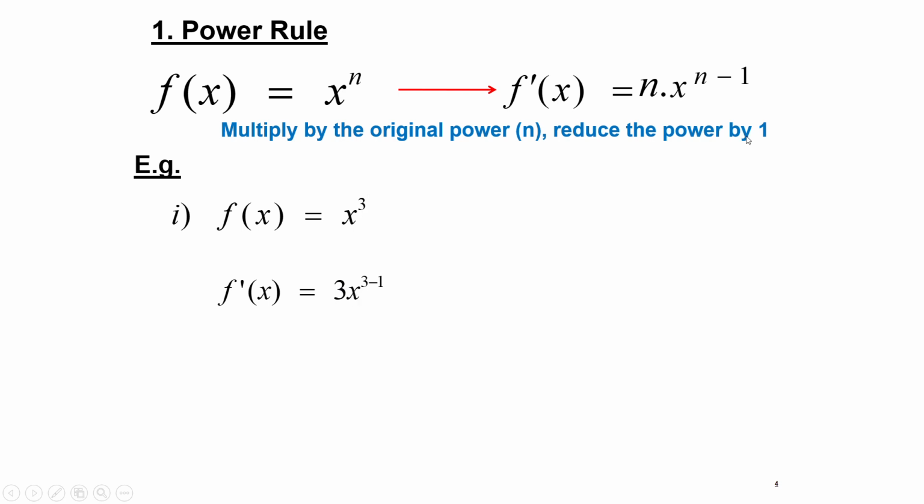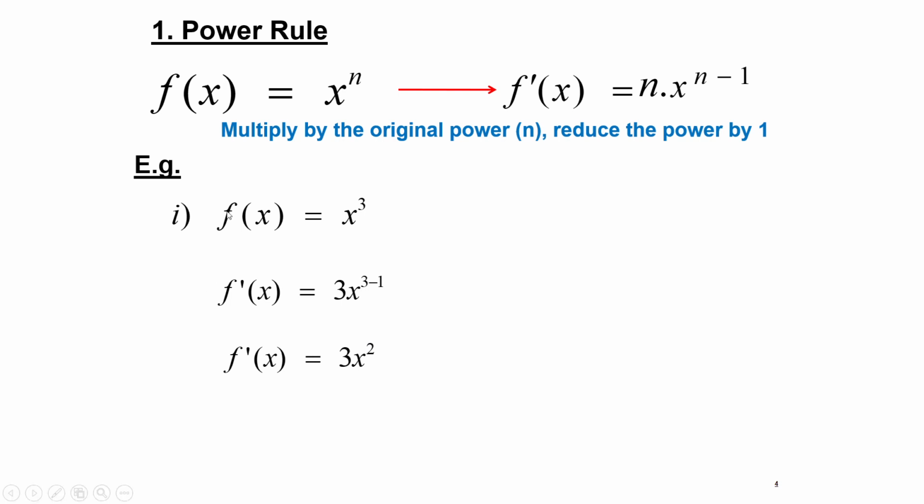Reduce the power by 1, so you have 3 minus 1. Now 3 minus 1 is 2. In simplified form, we have f dash of x is equal to 3x squared.